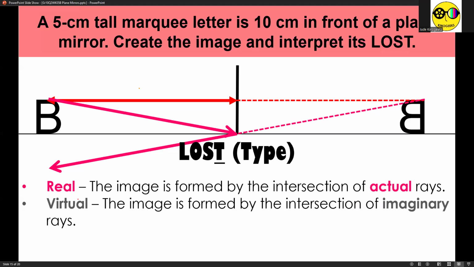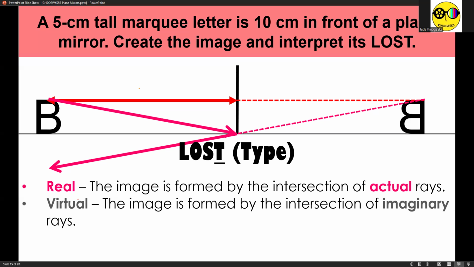It's actually difficult to explain this one because I think it's better to delve more on real and virtual as well as the actual and imaginary once we finally tackle the curved mirrors, converging and diverging, because the actual and imaginary rays given actual light rays will play a significant role.